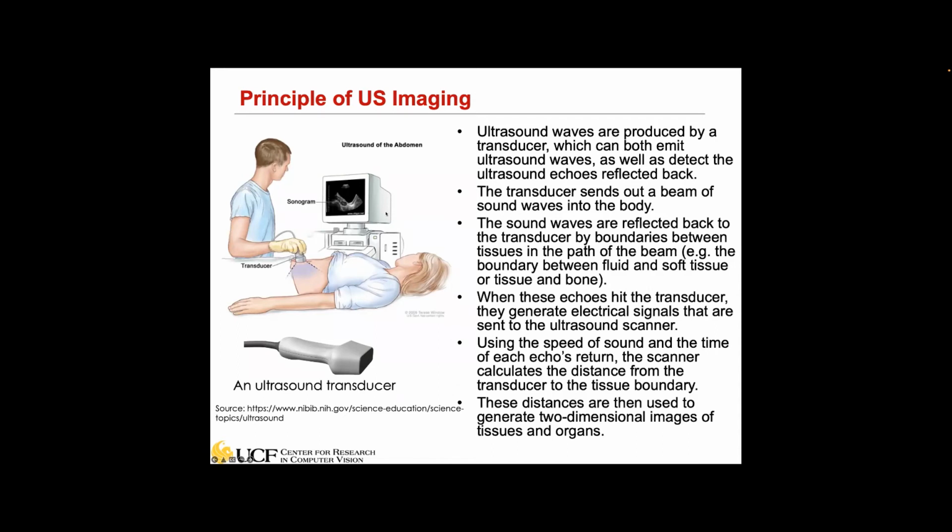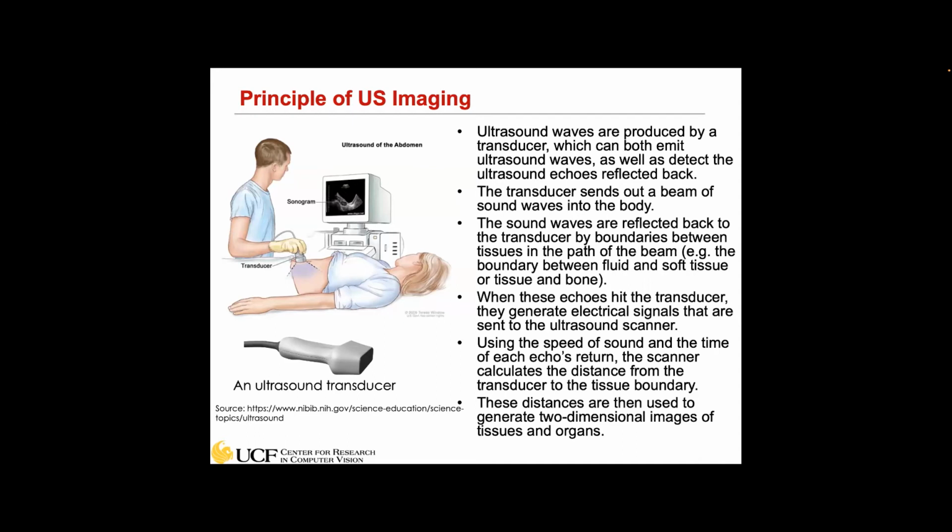Okay, so the transducer will send out a beam of sound wave into the body, and the sound wave will reflect back to the transducer. When these echoes hit the transducer, they generate electrical signals that are sent to the ultrasound scanner. Using the speed of sound and the time of each echo's return, the scanner can calculate the distance from the transducer to the tissue boundaries.